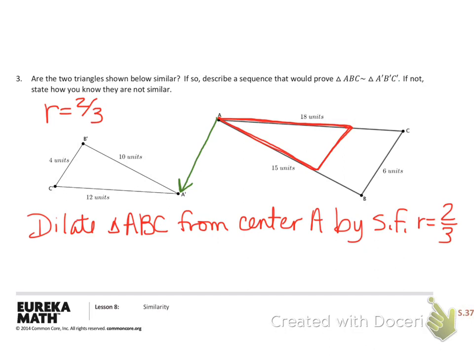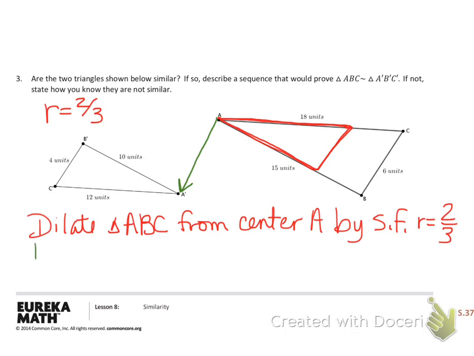But when we're doing these congruence transformations, it's really handy to get one corresponding vertex mapped. So I'm going to map A to A prime.